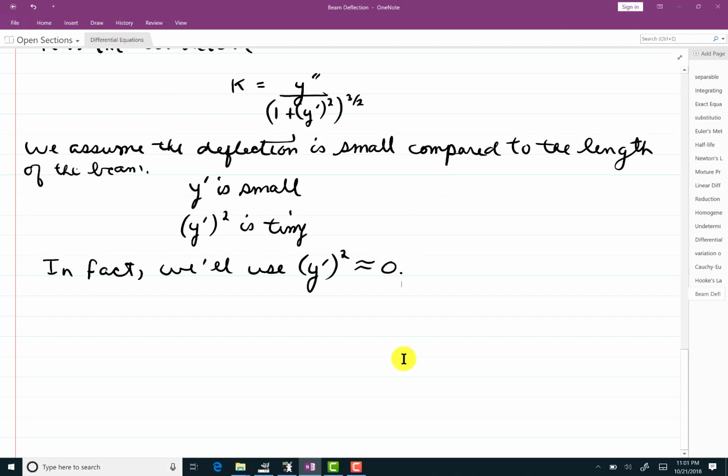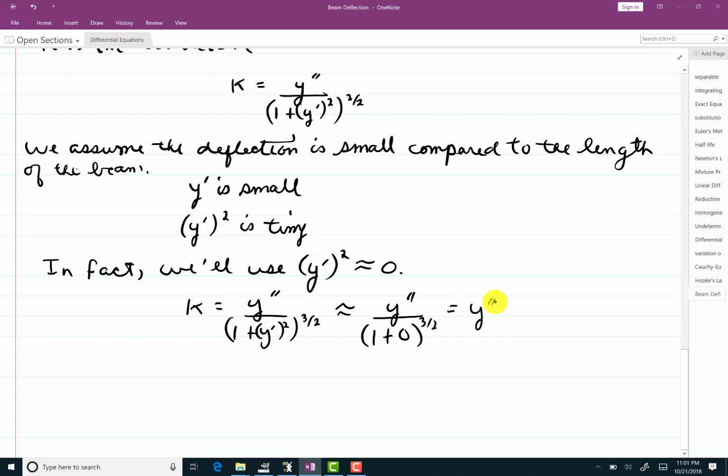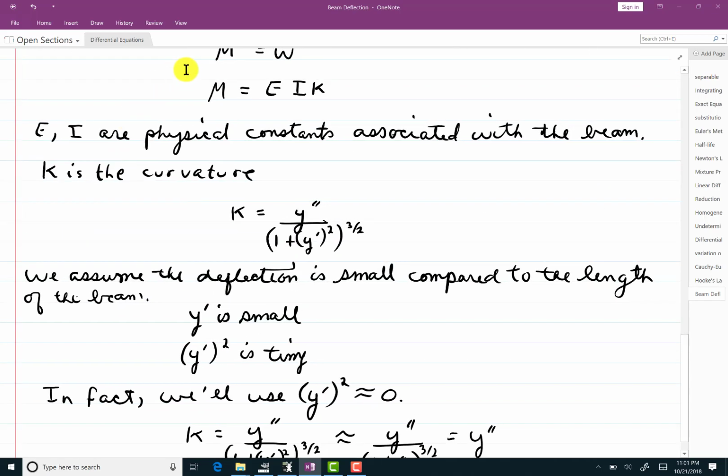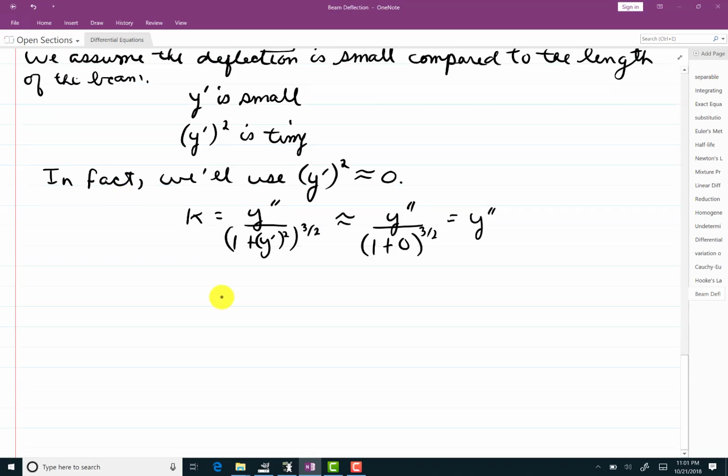So what happens then is your curvature, which equals y double prime all over 1 plus y prime squared to the 3/2, will be approximately equal to y double prime all over 1 plus 0 to the 3/2, and that equals y double prime. So back up to the equation that I have, m equals EIk. I'm going to replace k with y double prime. So m equals EI y double prime.